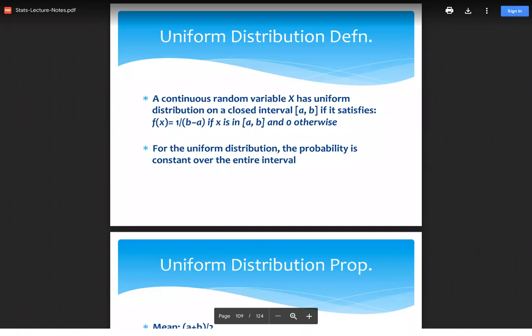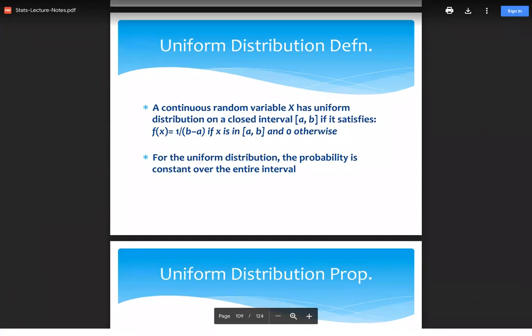So this distribution is called uniform distribution, and it is defined as this. So f of x is equal to 1 over b minus a if x is an element of a comma b.